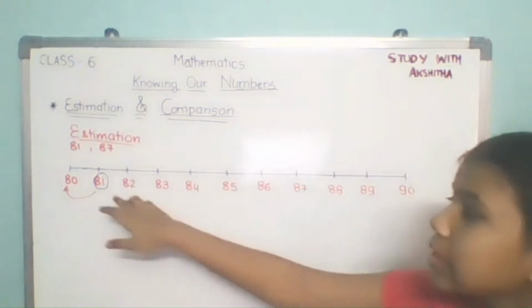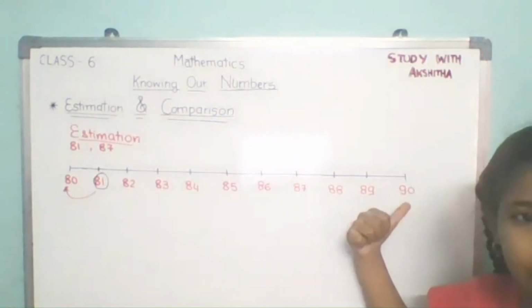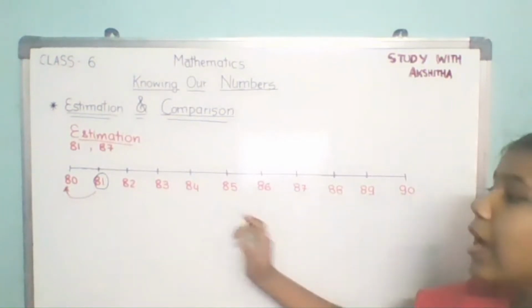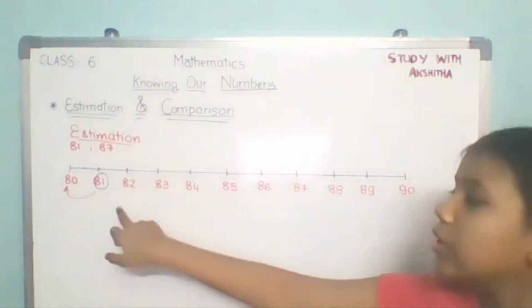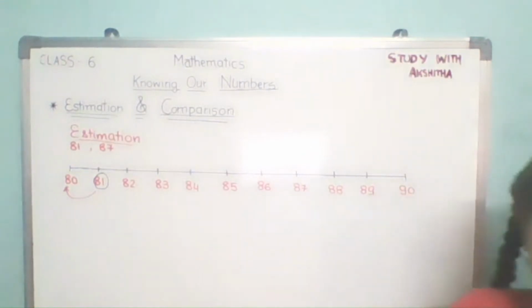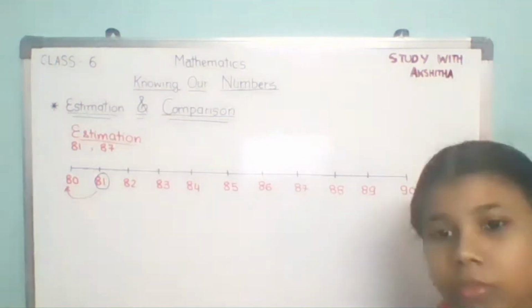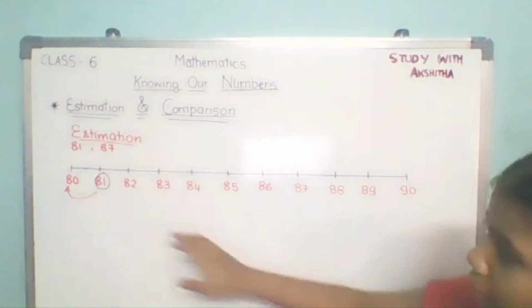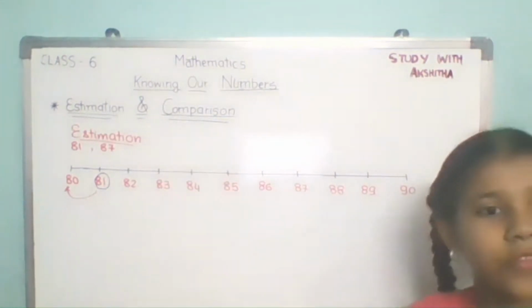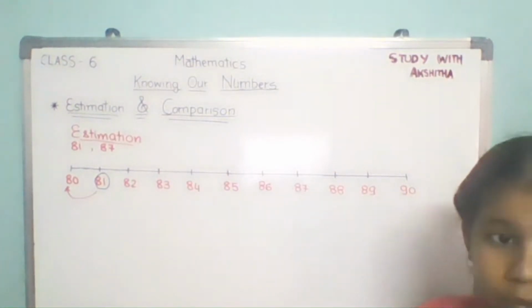But it is nearer to 80 than 90. It is far from 90, but nearer to 80. So 81 is rounded off to 80 by nearest tens. So if 81 is nearer to 80, we consider it as estimated to 80.